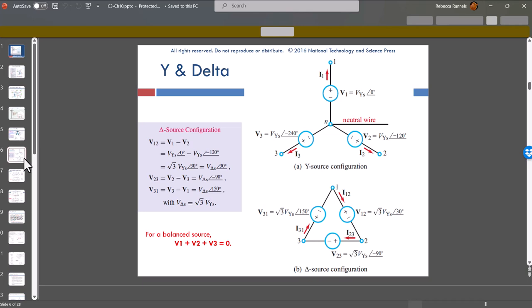It's just that when you look at V12, it's just that V1 is 30 degrees less. This may not be the right answer. Let me make sure I have the right answer.